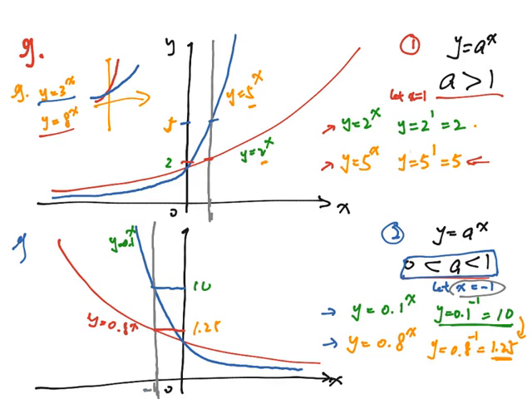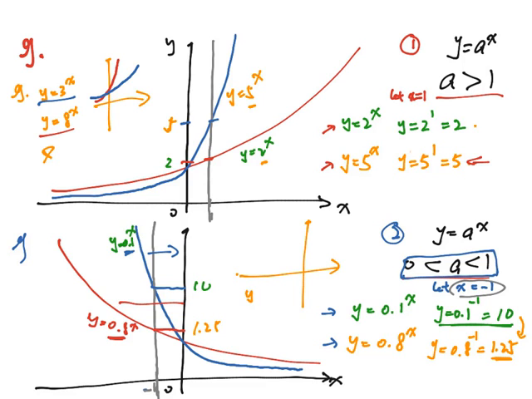So let's have a conclusion. When the base is smaller, it's closer to the y-axis. When the base is bigger, it's far away from the y-axis. Next, we'll do an example like this one. For example, we have the graph of two equations.